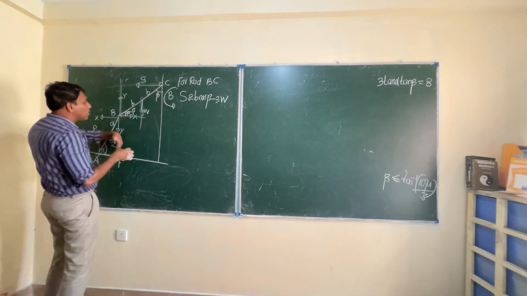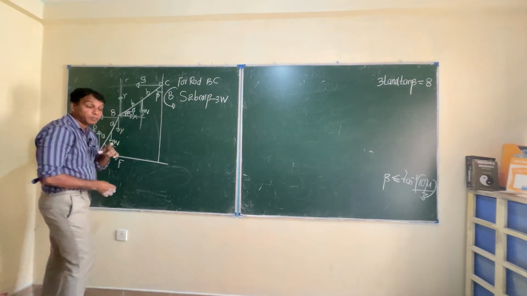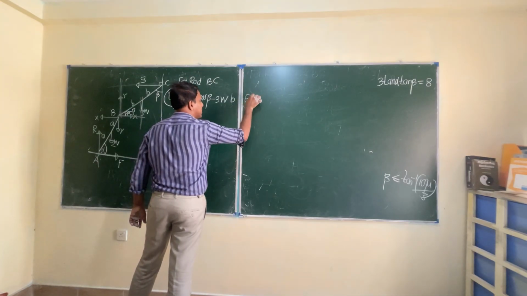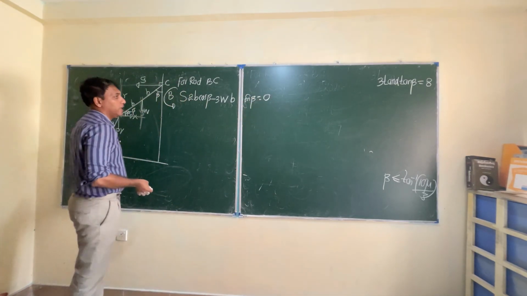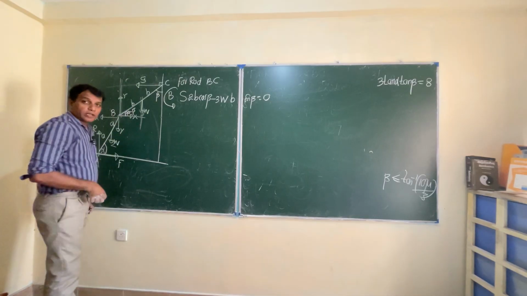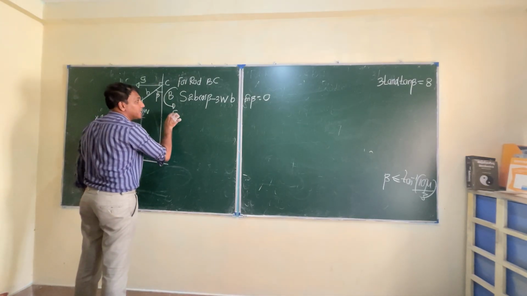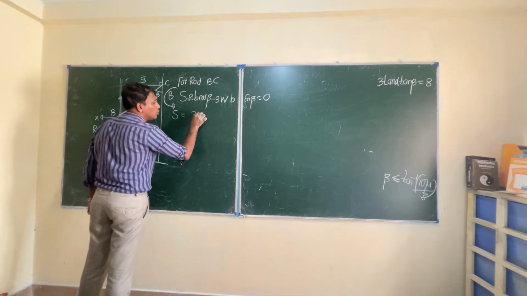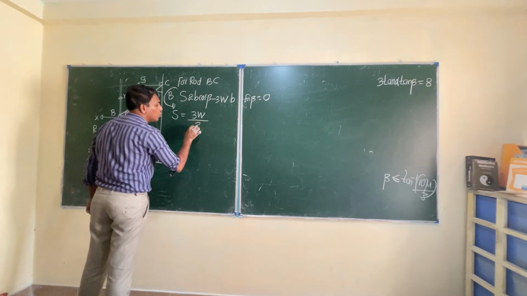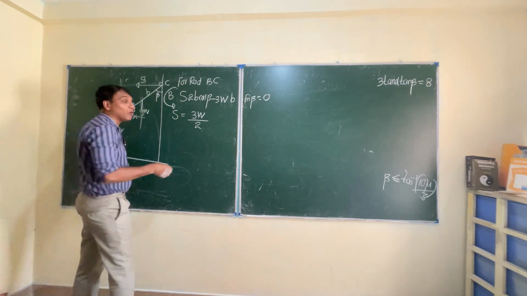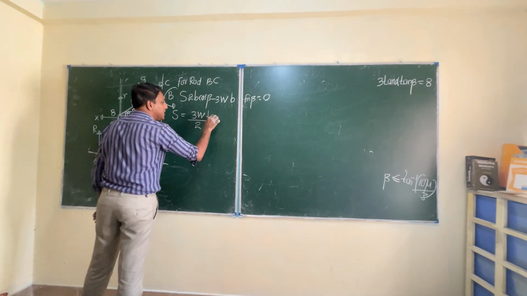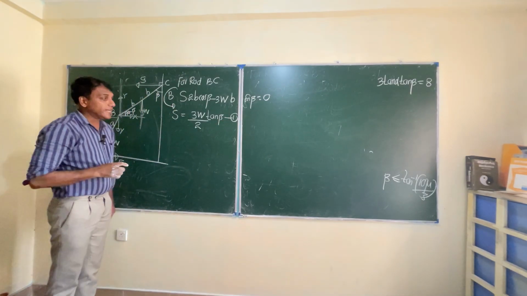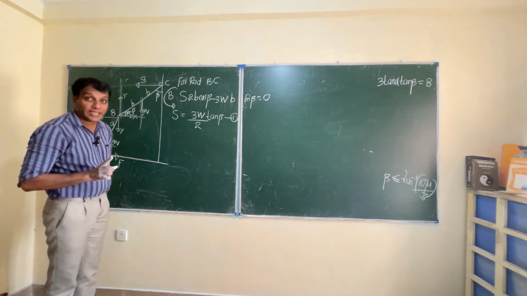So b cos(90 minus beta) is b sin beta, equal to 0. Therefore, what is S? Find S. B cancels: 3W over 2 sin beta divided by cos beta, tan beta. I say number 1: S equals 3W over 2 tan beta.